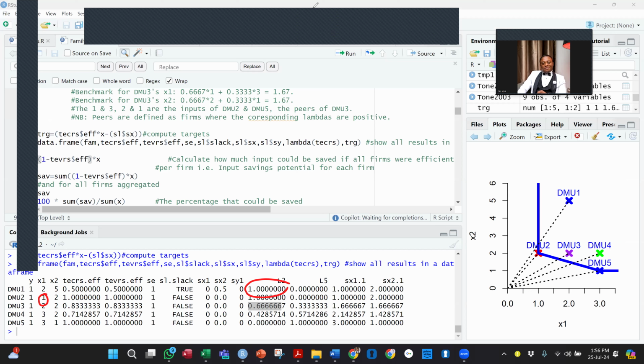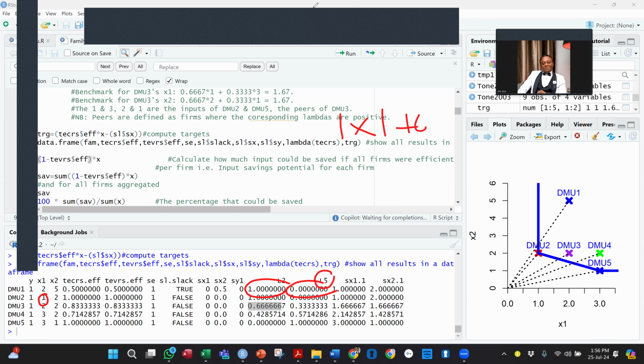So it's going to be 1, which is a lambda, times 1. Plus, we go and add that of DMU5. DMU5 will also be 1, the same lambda 1 times, what is the input for DMU5? 3. Oh, no. So that one is 0. It's not 1. Did you see that? You take the value here.